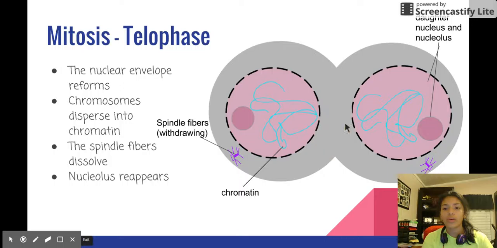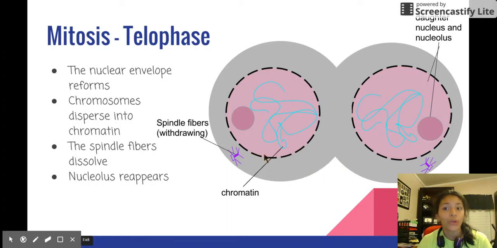Once the chromatids arrive at the poles of the cell, they decondense, or loosen up or relax. They decondense into chromatin. New nuclear envelopes appear, and the nucleoli reappear.